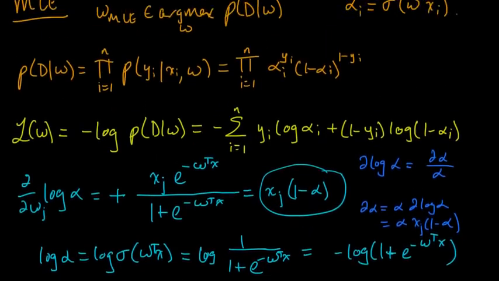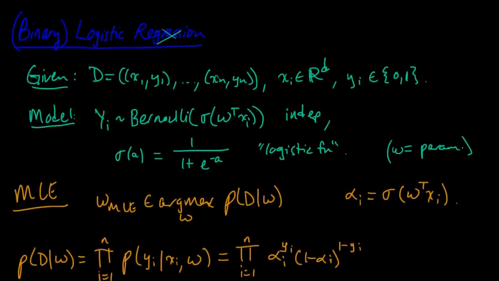To remind ourselves, the alphas are sigma of something, and that's 1 over 1 plus e to the something. So this is always a positive quantity, and so sigma of something is always going to be strictly positive, non-zero.